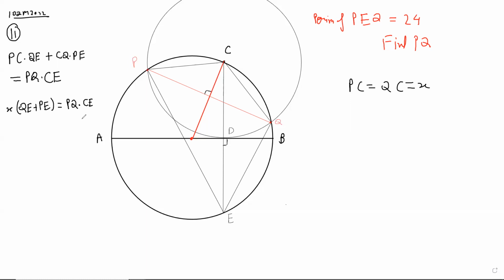What is CE? Can we say something about it? CA is nothing but 2x. CE is nothing but, oh right, it is there in front. So the problem is done. Wow, that was just Ptolemy's theorem. So PE plus QE is 24 minus PQ.